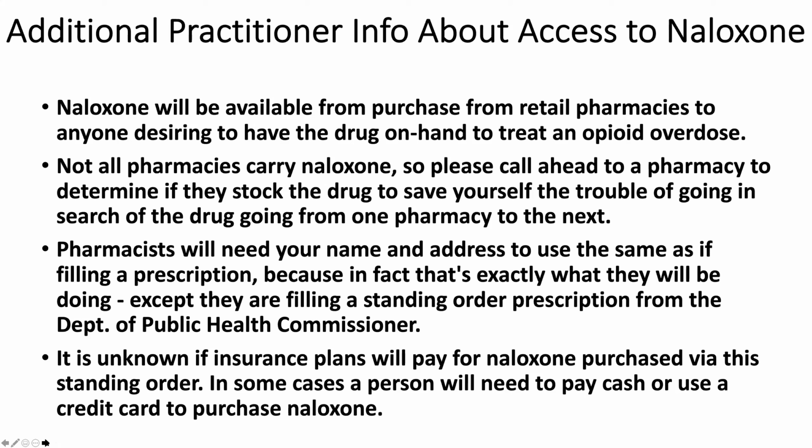Eddie asked, can it be stored safely in vehicles? Yes, it can. Actually, naloxone is pretty stable. What you don't want to have happen to it is high heat, but it can still tolerate temperatures up to 90 degrees for a sustained period of time.